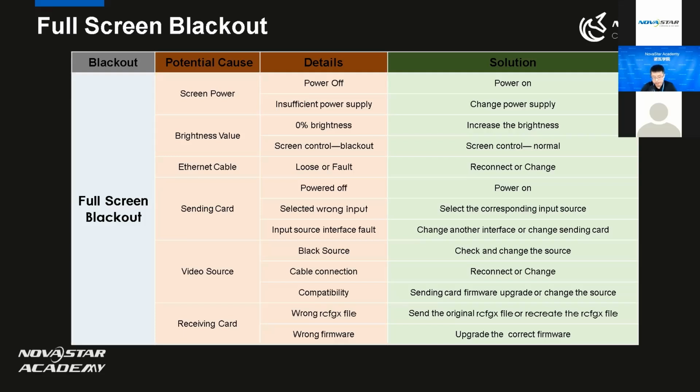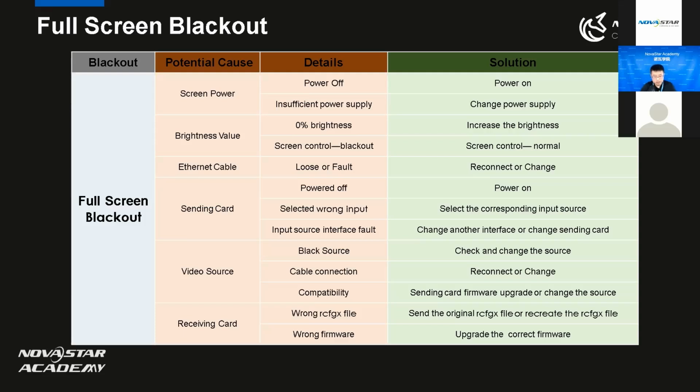So try to check if you have the correct selection of video source. And the second one is try to check the input source interface to see if it is faulty or broken. So you can try to change another sending card, or to use another video connector.